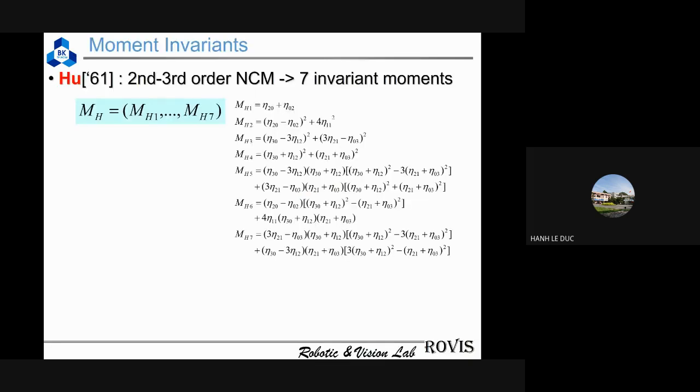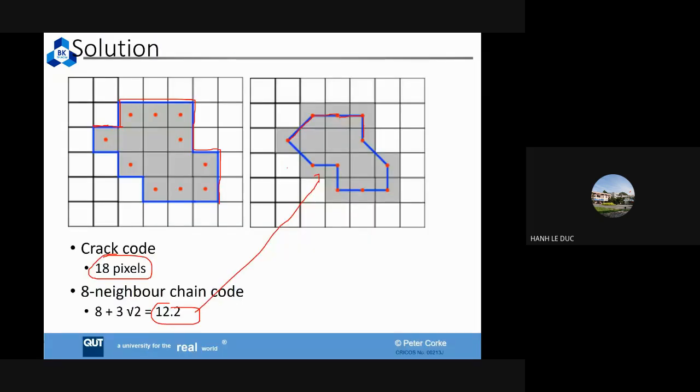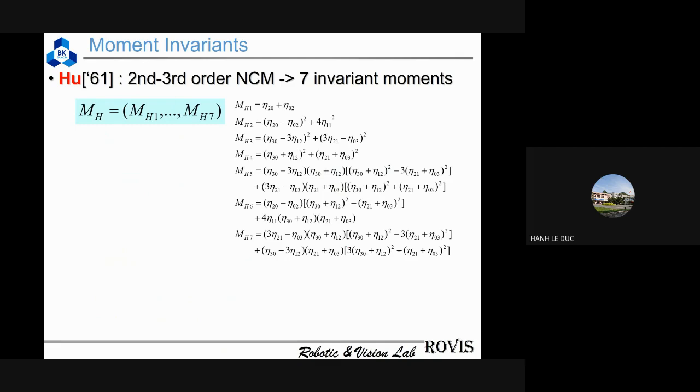Okay, so previously I already introduced to you how to calculate M0, the moment of the image. This is calculated by hand. So in OpenCV, they provide you a function. We call this cv moments. In the function, they will calculate everything for you.